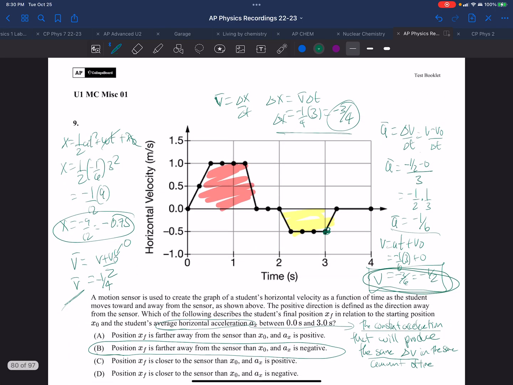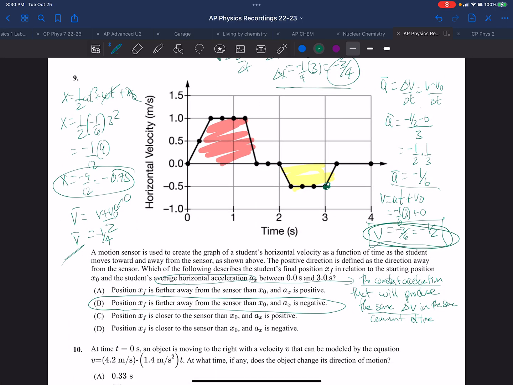Using the AP's interpretation of what the average horizontal acceleration would be, it's the constant acceleration that will produce the same delta V. Well, which is it, folks? Which one does the AP want us to do? We don't really know. Which one describes the final position and the average horizontal acceleration?